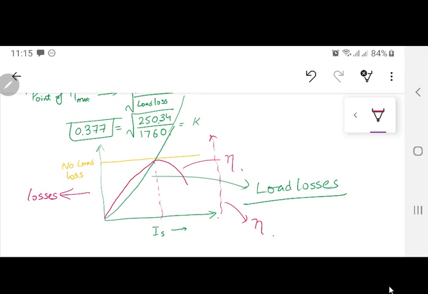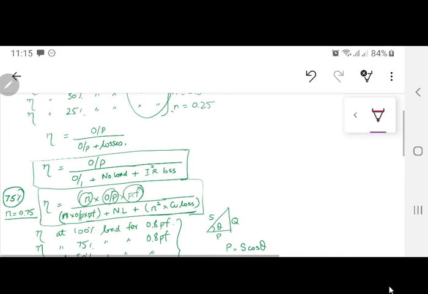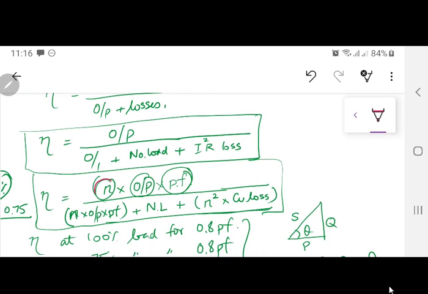So far we have only found the point where the maximum efficiency occurs, not the maximum efficiency itself. How will we find it? With the same formula we used just now, you put 0.377 here and here, and again you assume a power factor, either 1 or 0.8. It is totally up to you what power factor the load has. Then this will give you the maximum efficiency. In the same formula, instead of n you can write the variable k, or directly put in 0.377.